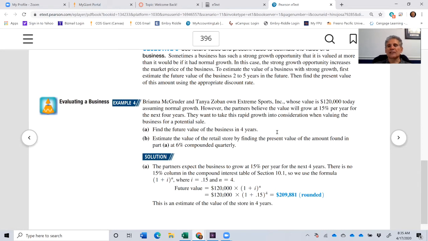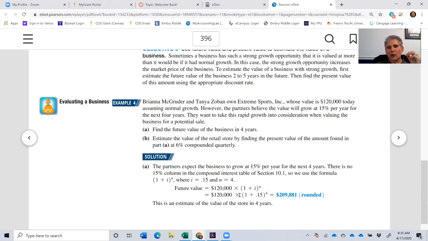Now, there is a future value table, but in this case, we're going to use the future value formula we reviewed at the beginning of this section, which is really consistent with our compounding interest formula. $120,000, that's our present value. Think about it, that's kind of like the principal.